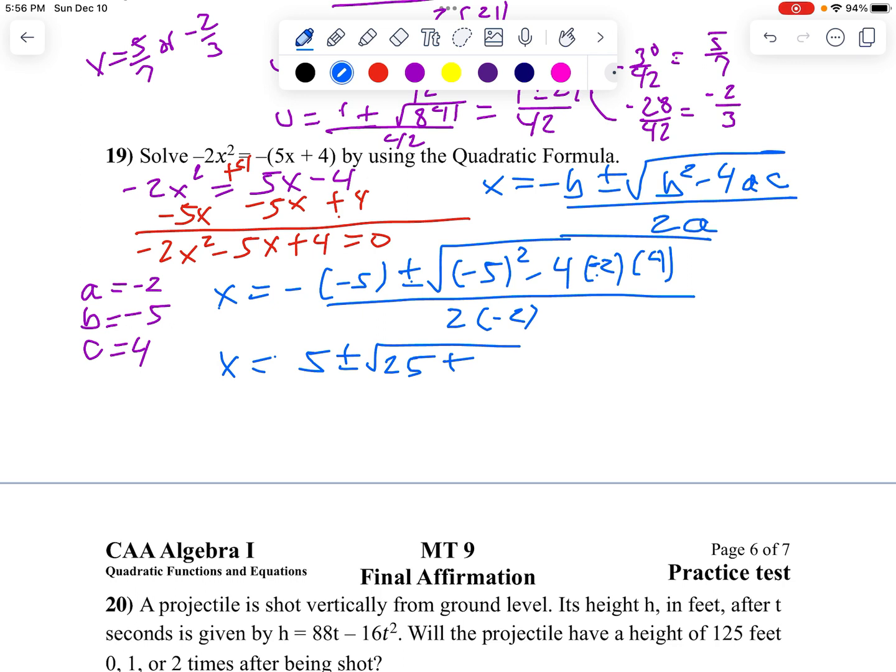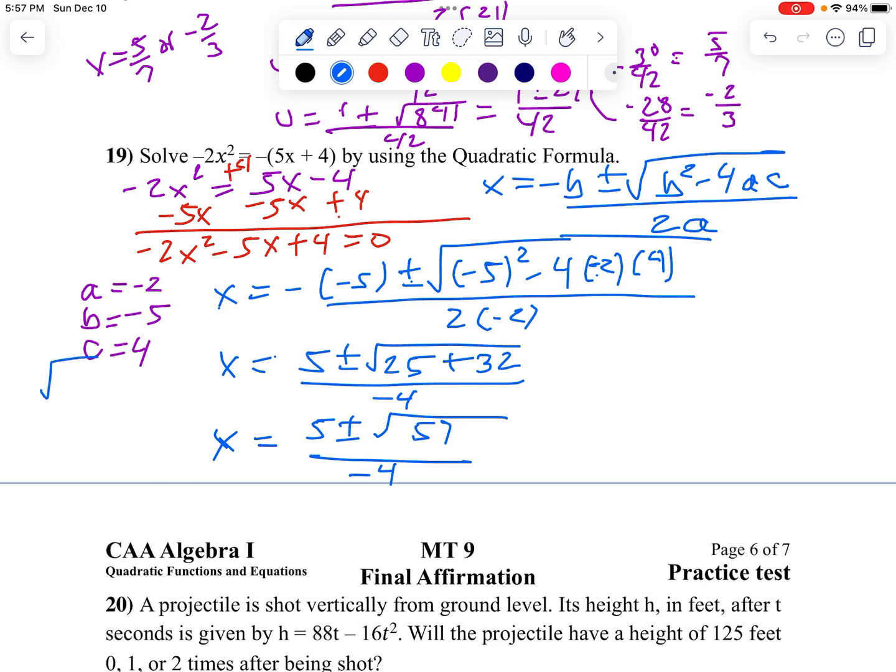And we say 8 times 4 is 32, isn't it? All over negative 4. So x equals 5 plus or minus the square root of 25 plus 32, which is 57, all over negative 4. Now, can I make a factor tree for 57?